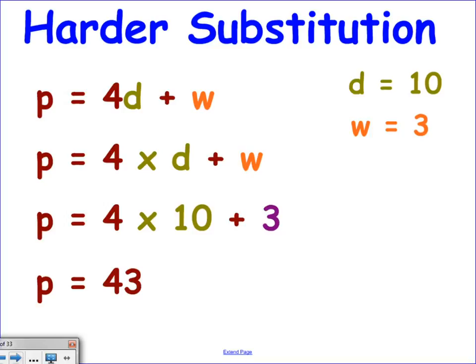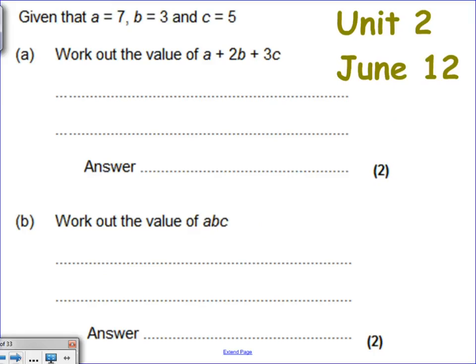My advice for doing substitution is write out your original equation or formula in full, as in 4D means 4 times D plus whatever, then substitute the letters for the numbers, and then work it all out. Okay? So here's from an exam, Unit 2: given that A is 7, B is 3 and C is 5, work out the value of A plus 2B plus 3C.